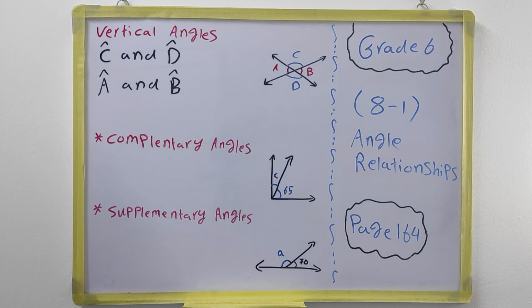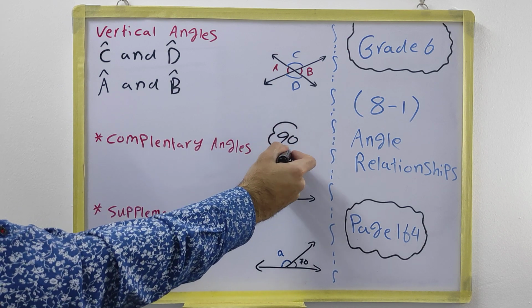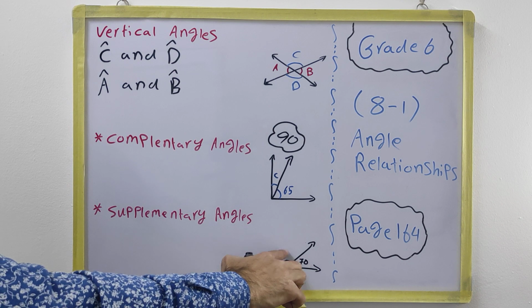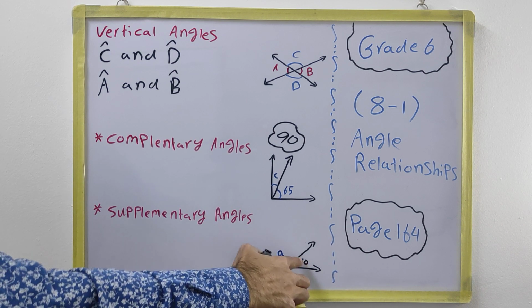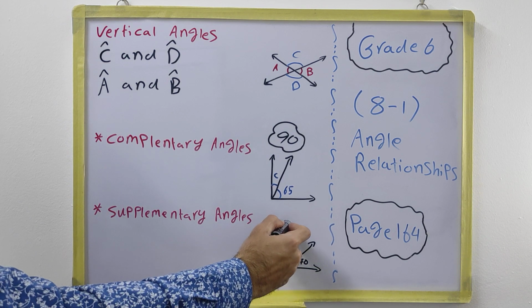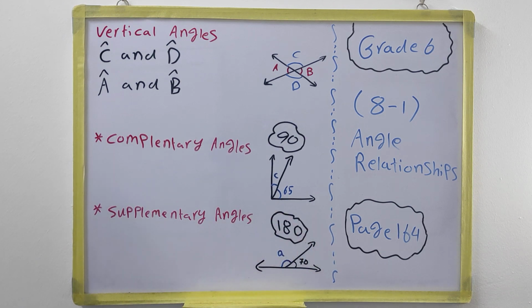For supplementary, it's on a straight line, 70 plus A. Whenever you hear about supplementary, it means they are 180 degrees together.